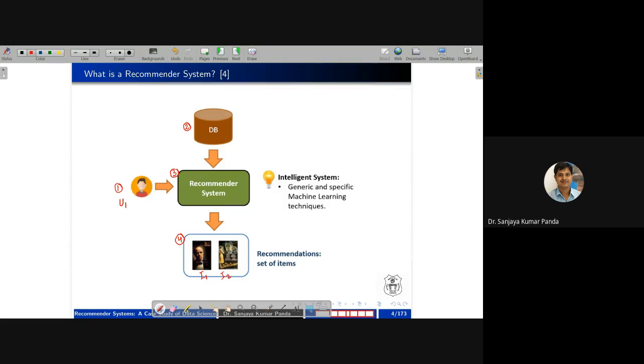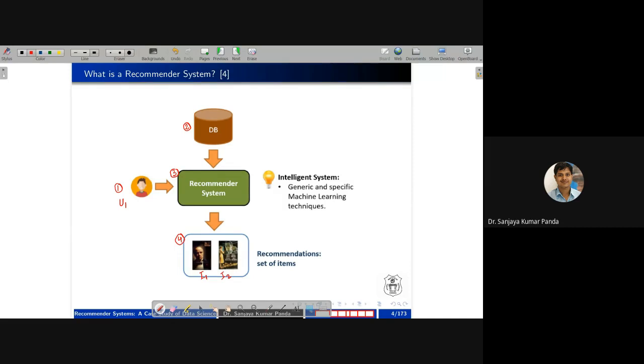Using that data, you have to make a correct prediction so that the user will purchase the item. You can increase the profit of a particular e-commerce site and the number of users on a particular site. That's why specific and generic machine learning techniques can be applied in order to generate better recommendations.